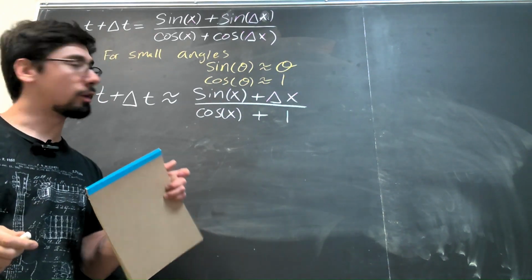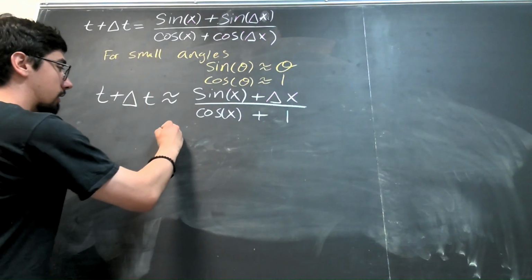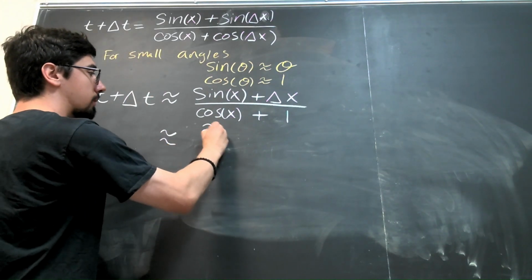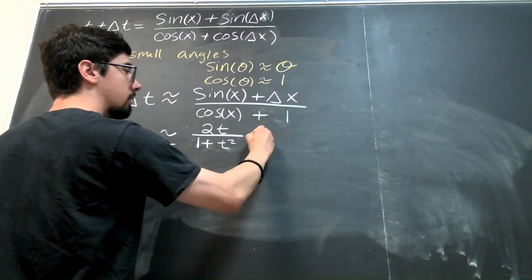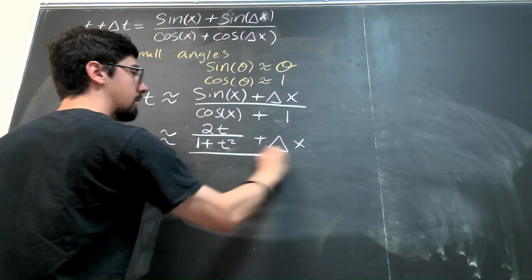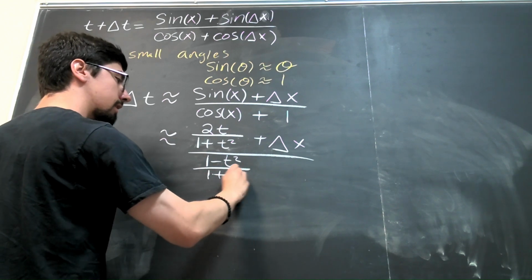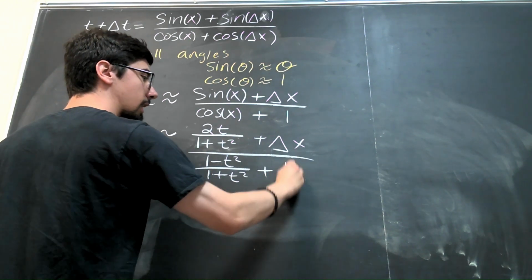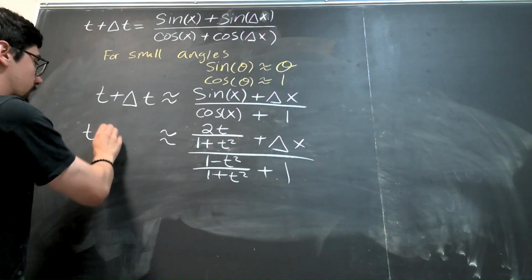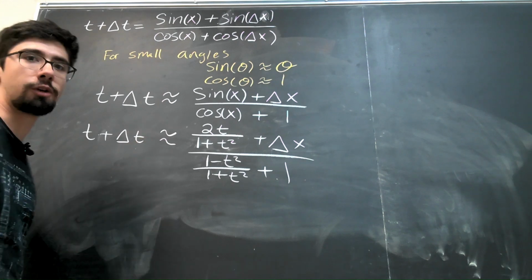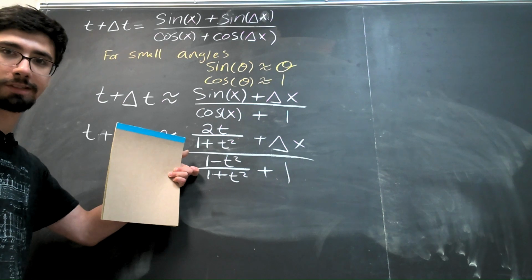The next trick is that we're going to go ahead and do the trig sub that we had before. So remember that whenever we do our substitution, sine of x becomes 2t over 1 plus t squared, delta x. And cosine of x becomes 1 minus t squared over 1 plus t squared. We add our plus 1 here. This is really messy to look at. So to go ahead and simplify things, we notice that this and this both have a denominator of 1 plus t squared.